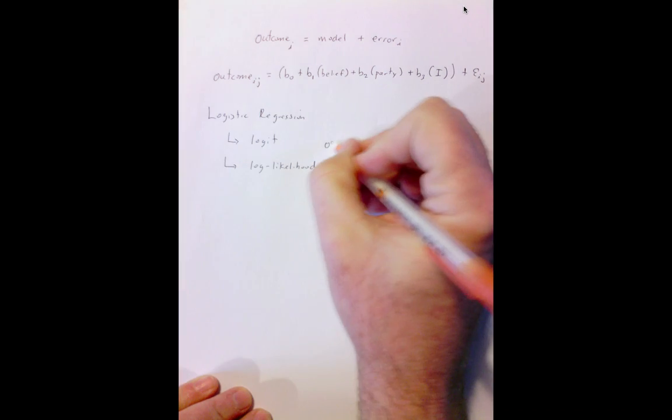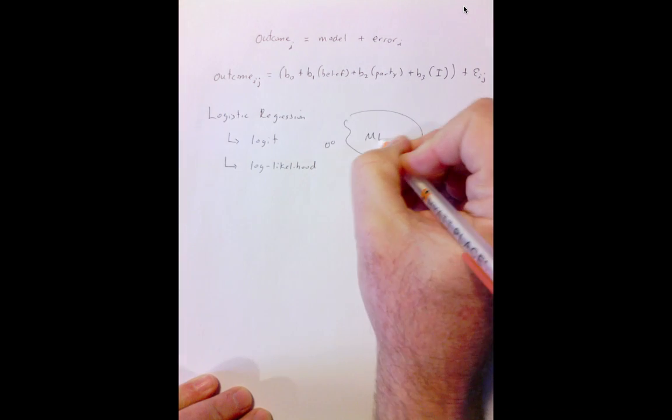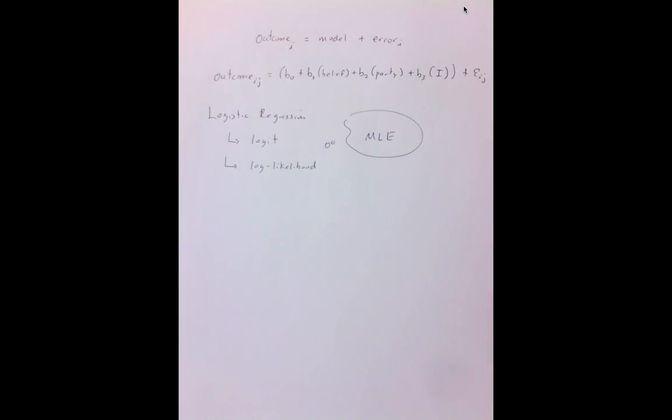All of these are in the spirit of maximum likelihood estimation. If that's a little fuzzy to you and you don't remember a lot about logistic regression, just hang on. We're going to dive into that pretty deeply in a couple of weeks.